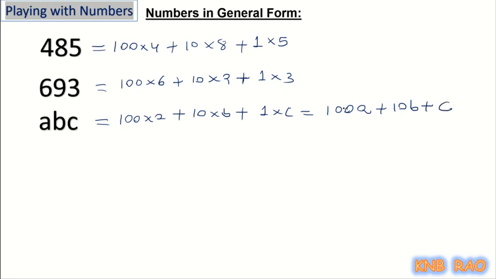Similarly, what is the generalized form of the 3-digit number CAB, where C is in the hundreds place, A is in the tens place, and B is in the units place?